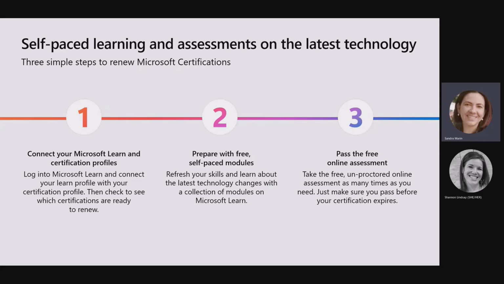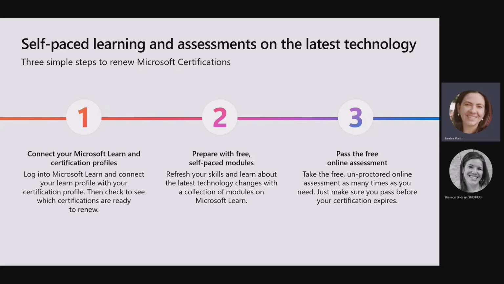So we have prepared a curated set of content to help you check what is changing in the technology. There are specific learning paths and modules that will help you catch up on what has changed since you took the exam the first time. Now, number 3, you take a free online assessment. It's not proctored like your original exam. It's a free online assessment at your own pace, when you want to take it.